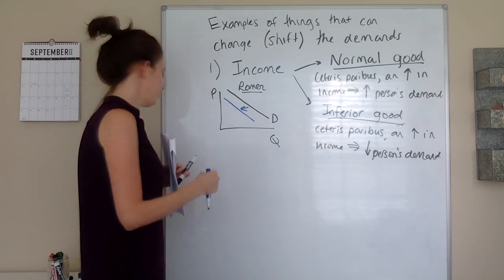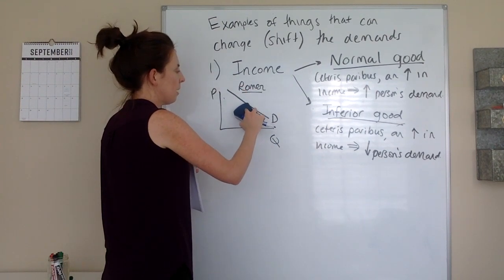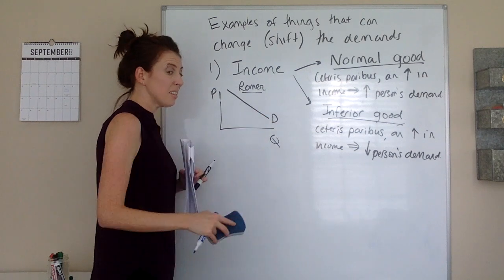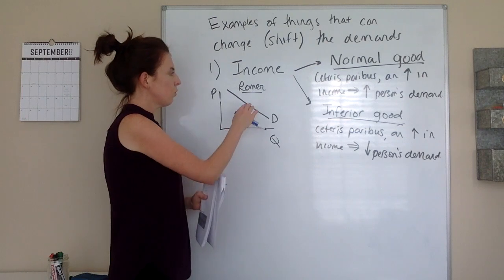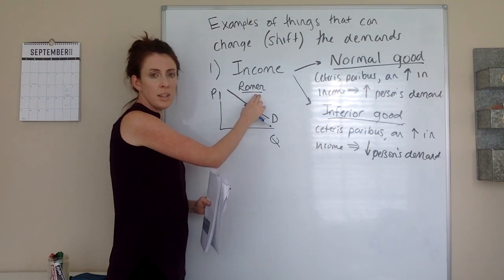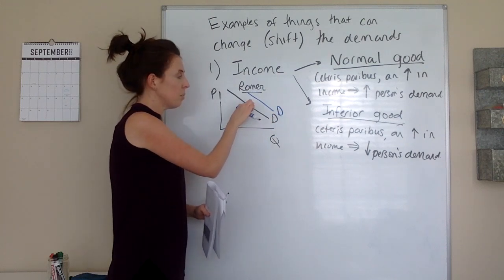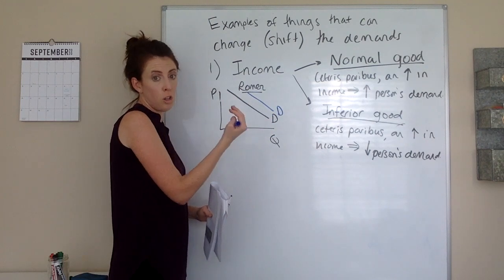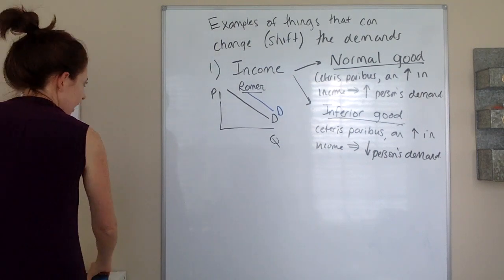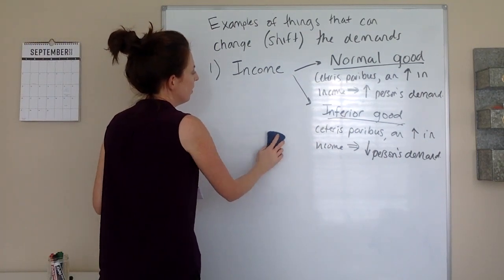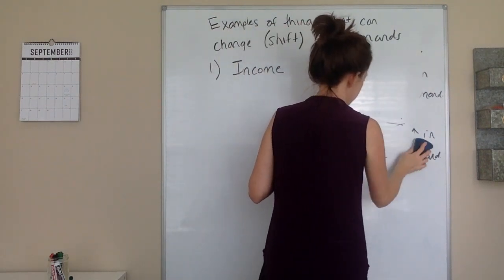So if we're looking at the market for ramen noodles, and suddenly people start making less money, so again, we kind of hit a recession, then what would happen to the demand for ramen in recessions? Well, it would go up because it's a cheap thing to buy, and so people would demand more of it when their income falls. Okay, so this is thing number one that influences or causes changes in demand.